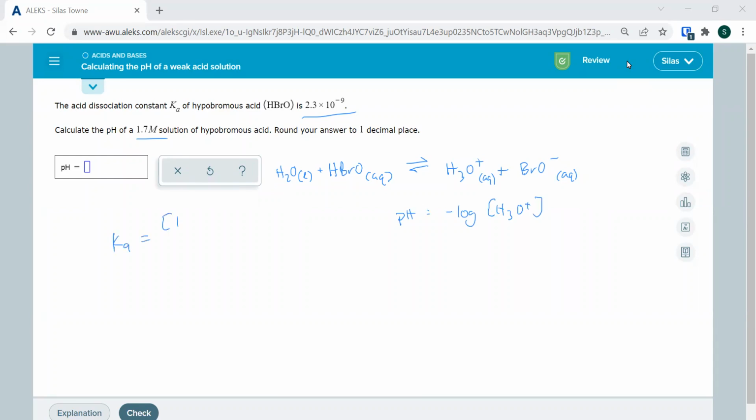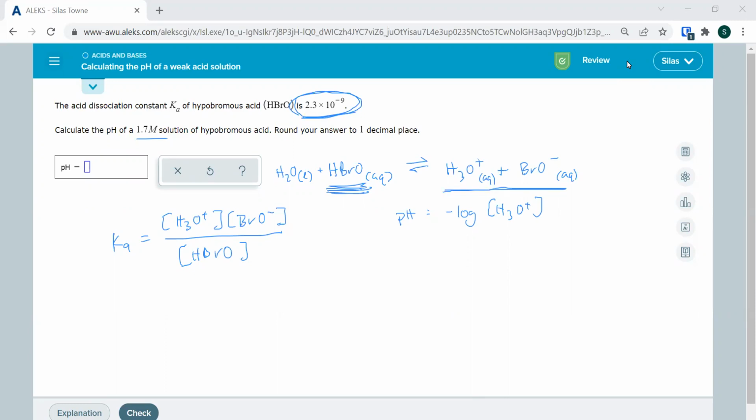That's going to be H3O+ times BrO- over HBrO. Now remember, with a weak acid, we do not have all of these going to ions, so there's still some of this. Usually, especially with a Ka this tiny, way far away from one, it's going to be mostly this in solution with a little bit of these.